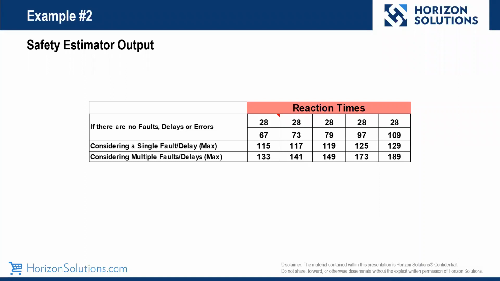For our example, this is a single fault tolerant system, which means we are going to use the row that says considering single fault. And here we're using a reaction time of 115 milliseconds.